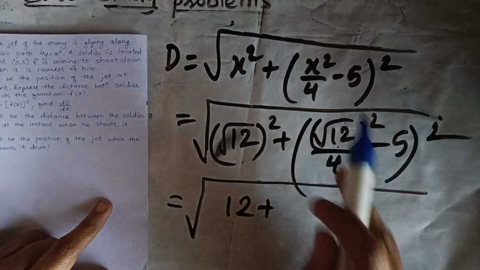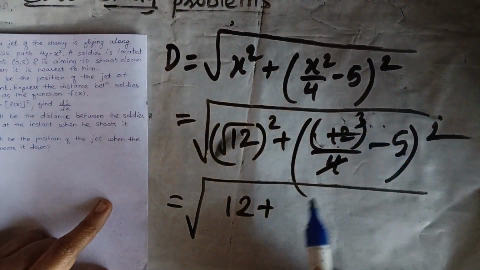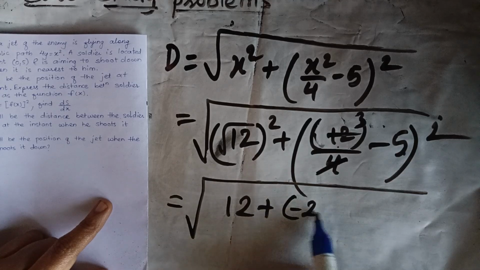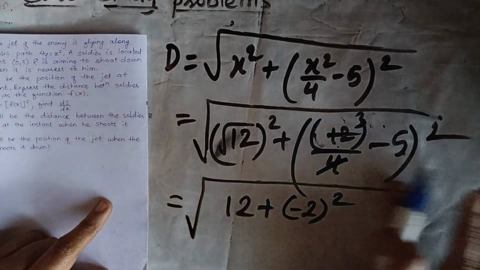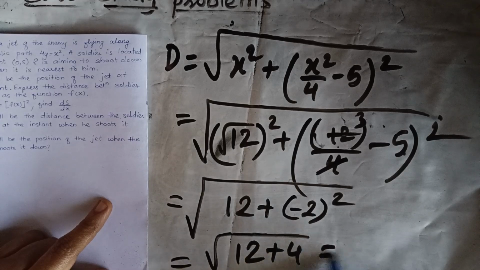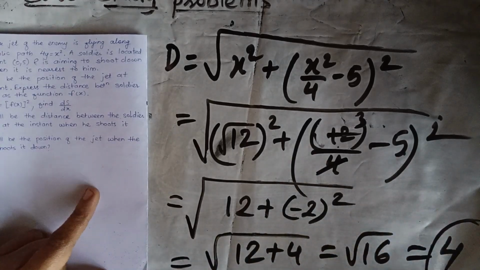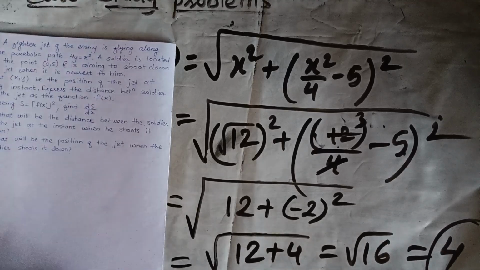So this is 12 by 4, 3. 5 minus 3, 2. So 4. 12 plus 4, root 16, which is 4. So the minimum distance is 4.